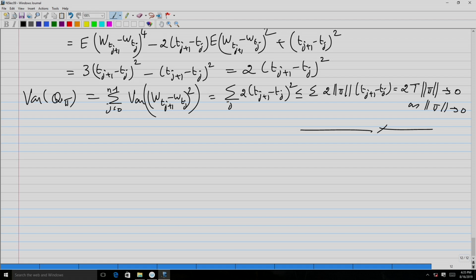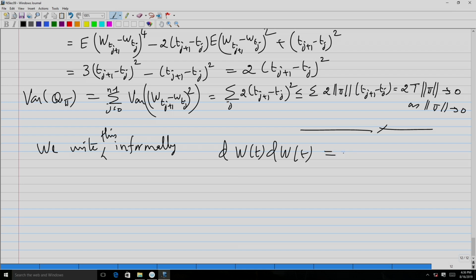We have shown it in the L2 convergence sense, but actually this is true in the almost sure sense. Now, what is important is that we write this informally in the following form: dW(t) dW(t) equals dt, which is actually 1 times dt.